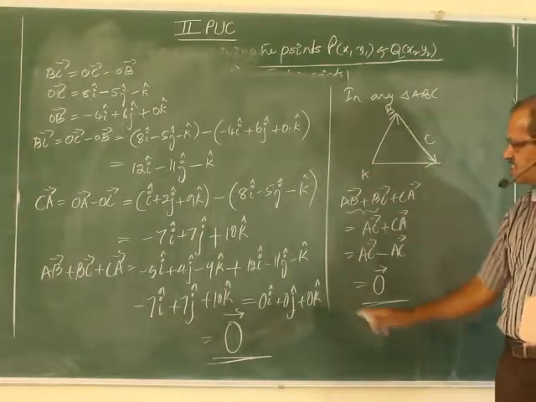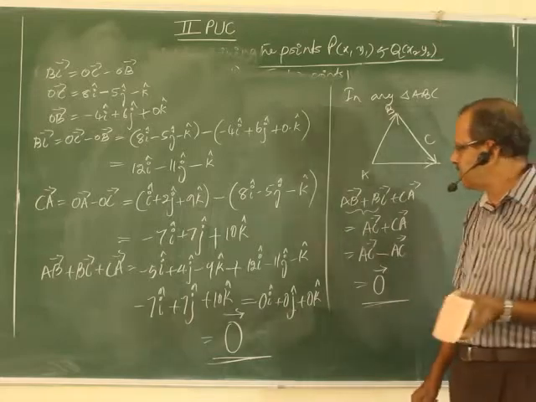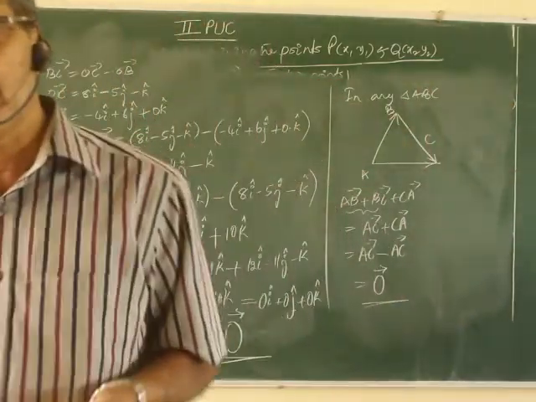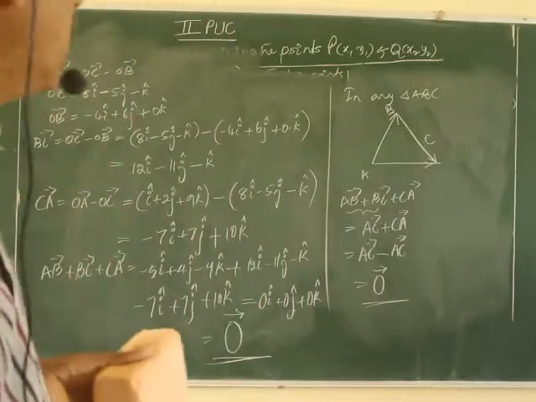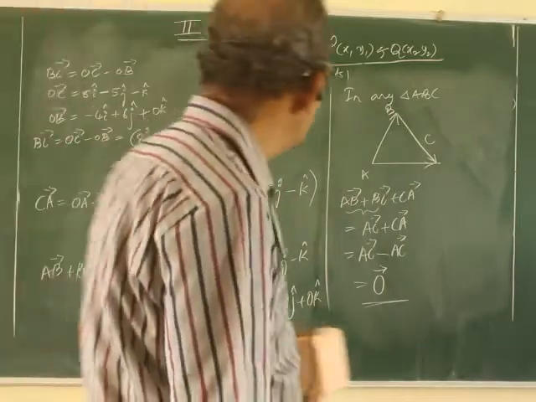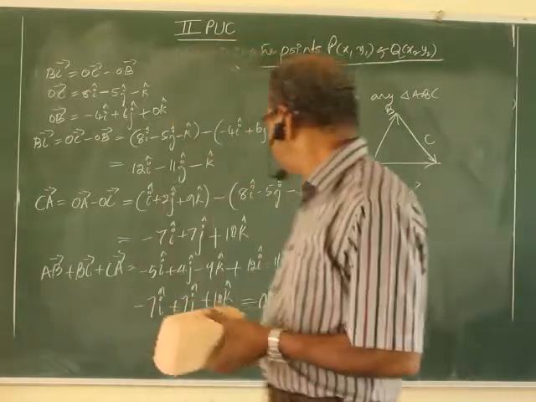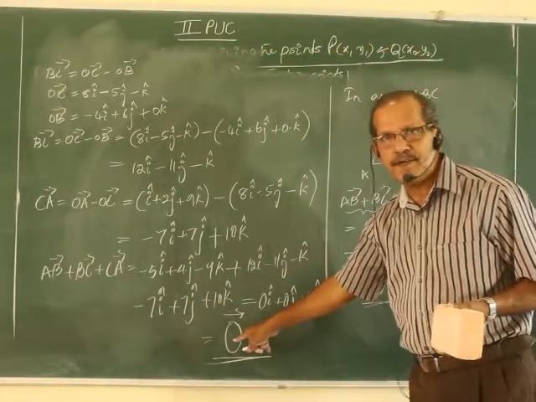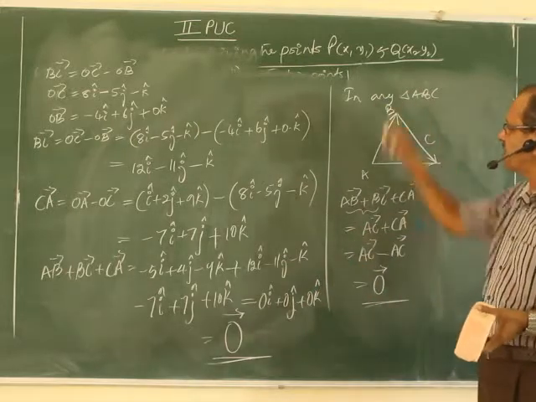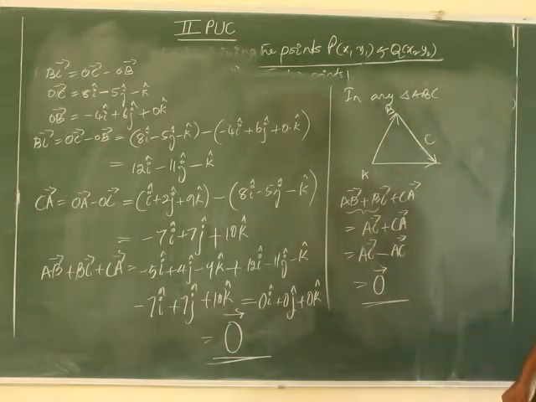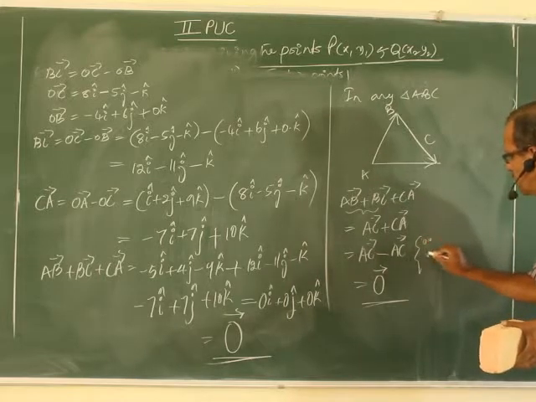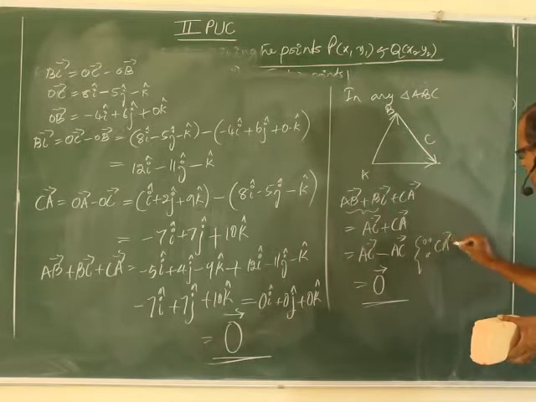In any triangle, AB plus BC plus CA is always the zero vector, whatever the coordinates of the vertices. With an example you have verified it is zero; directly using the theory we can say it is zero because CA is minus AC.